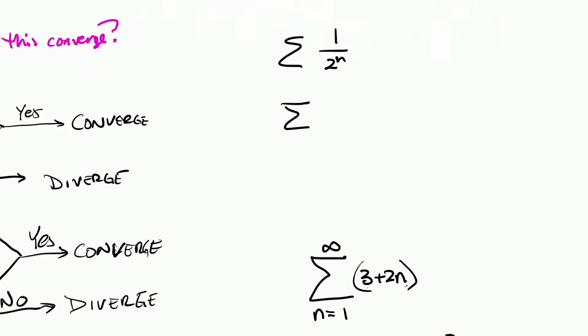What about 1 over 2 to the n plus 1? All I've done is add 1 to the denominator. Will this converge? It turns out, and we'll show why tomorrow, that because this one converges, it shares some of its glory with this one, and this one will converge as well. So they both converge, but we'll explain why tomorrow.